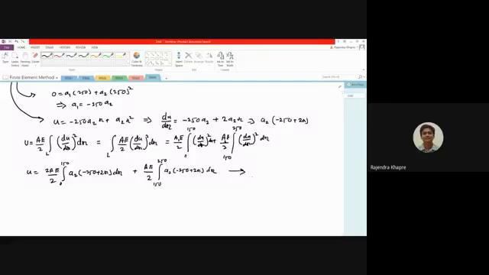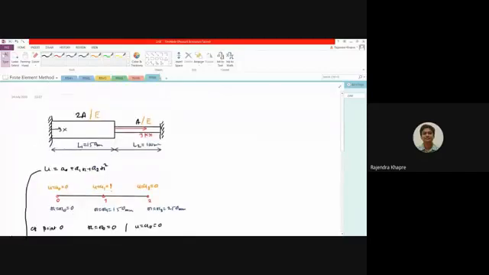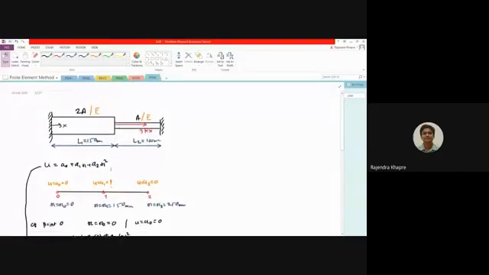Okay, and this part, that is the loading part, that is the work done part, will remain the same. So in this particular case, this will have minus of W1 into P1, that is the deformation at point number 1 multiplied by the load acting at point number 1.